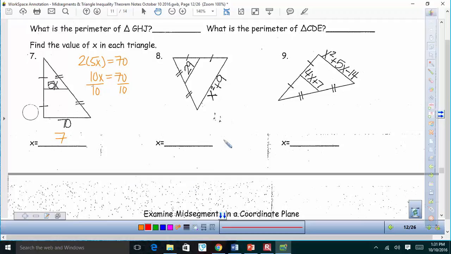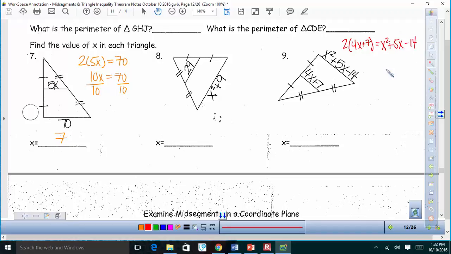Okay, and then I'm going to do number 9 because that one's a little more difficult. So for number 9, do we still want to do 2 times mid-segment equals bottom? Okay, so we're going to do 2 times, what is my mid-segment? 5x plus 7 equals my bottom, which is x squared plus 4x minus 14.